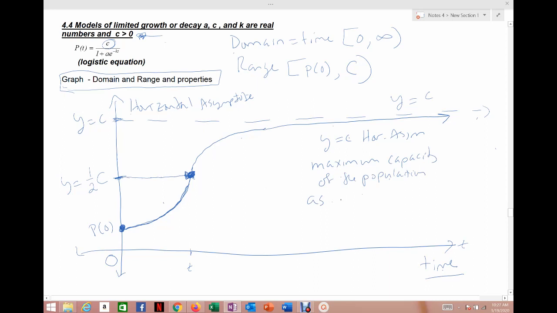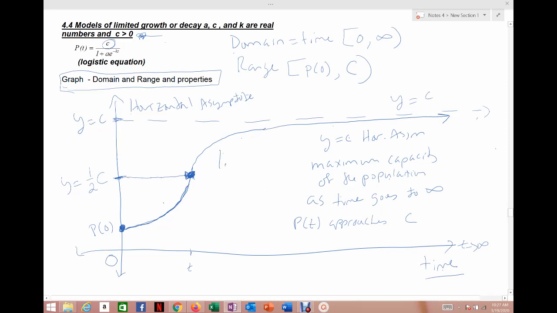As time goes by, as I'm moving off to infinity in time, the population function approaches that c value, and eventually it gets arbitrarily close to that c value, so close that we say it's equal to c, or the limiting value is c. So this is a limit, a special type of limit to infinity.